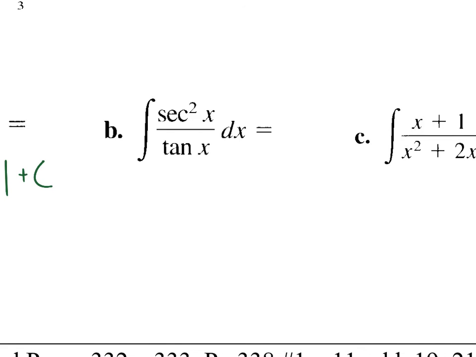If we think of tangent x as u, then we find the du, which is secant squared x, and then we see that the integral is just simply u prime over u, which is equal to ln of the absolute value of tangent of x plus c.